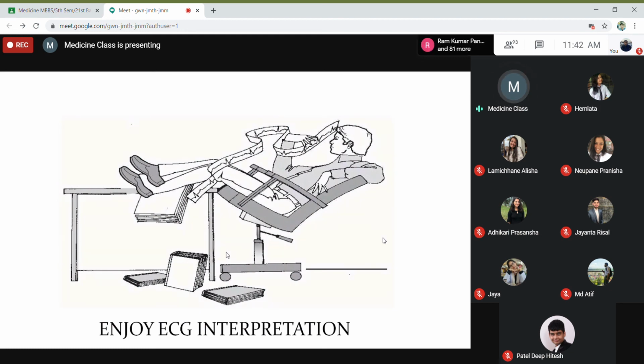So you have to practice ECG, and there is a saying that ECG is like a double-blind study. What is a double-blind study? In research, in a double-blind study, the treating physician and the patient won't know what they are doing.